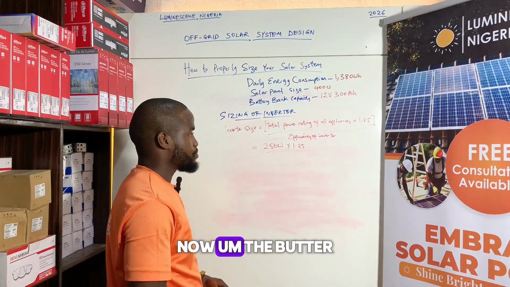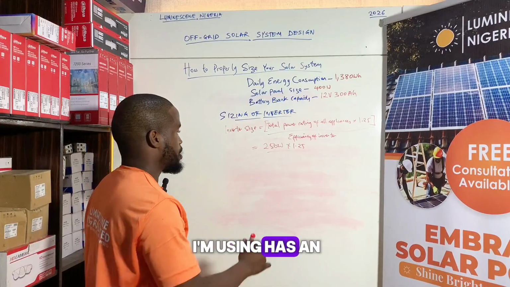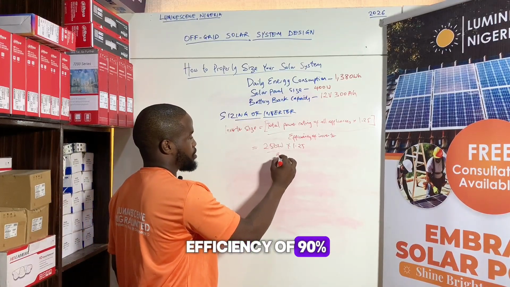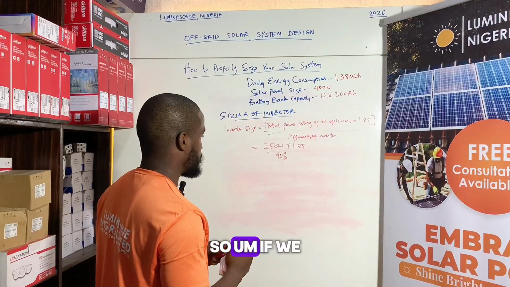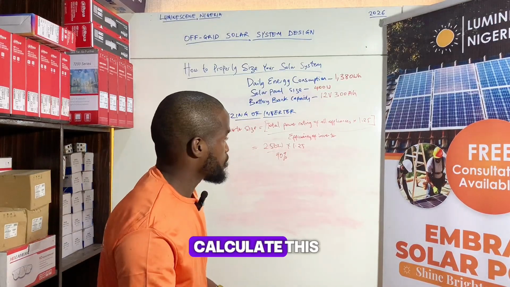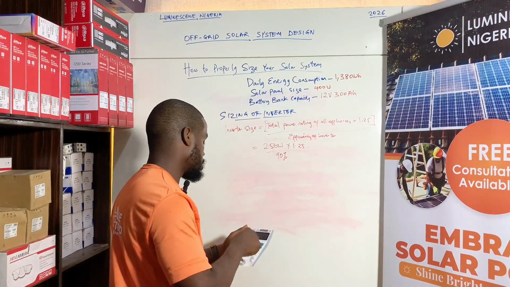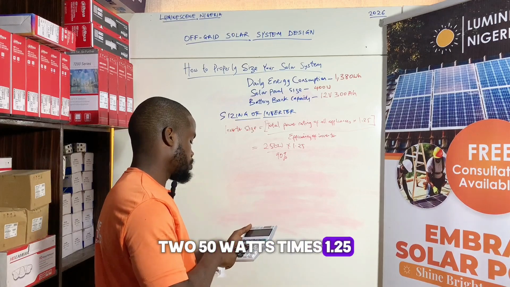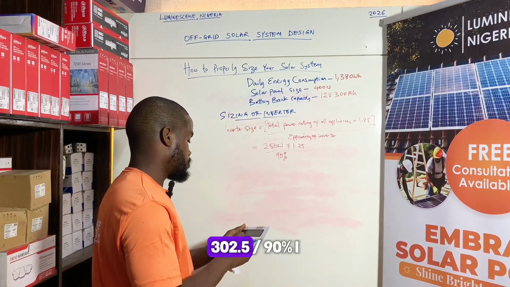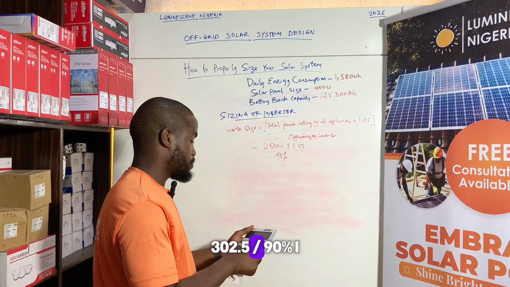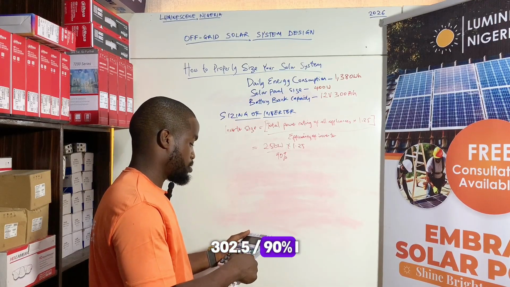Now, the inverter I'm using has an efficiency of 90%. So if we calculate this, 250 watts times 1.25 is 312.5, divided by 90%.